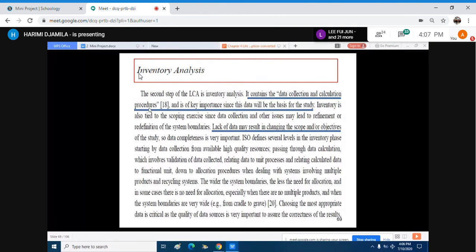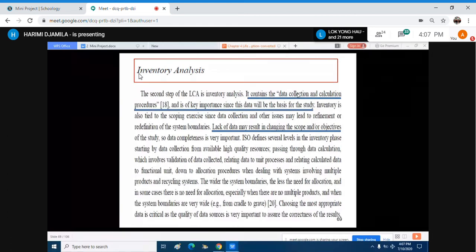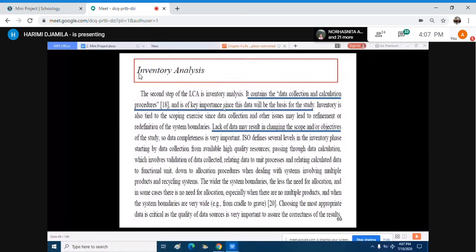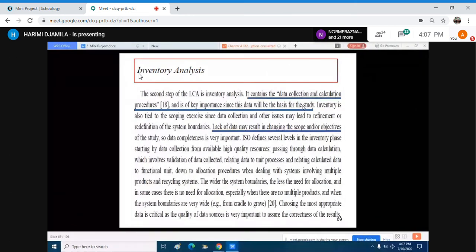I believe this is the best definition. So the second step of the life cycle is inventory analysis. It contains the data collection, which data you will be collecting, and calculation, which calculation procedure you will be using. And it is of key importance since this data will be the basis of further study. Because at the end, any energy used, or the carbon dioxide emitted, or anything linked to the environment, is all linked to the data itself.